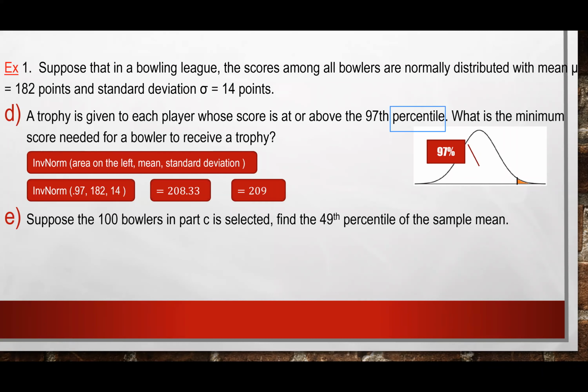And again, if you look at D versus E, they give you the percentile, but hopefully you can zoom in and say, oh, they tell us that we need to find the 49th percentile of the sample mean. Because there's a sample mean, we cannot use 14 as our standard deviation.